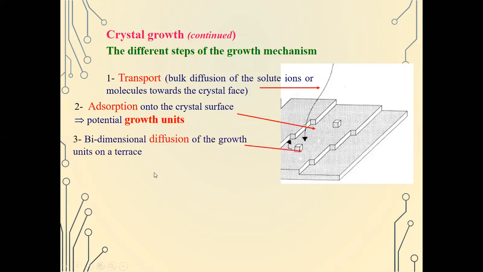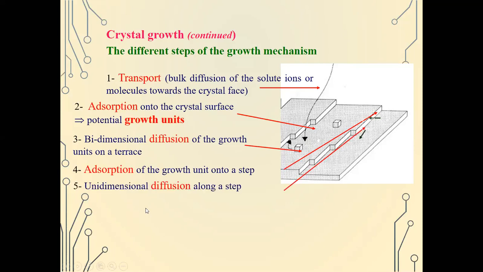Then we have bidimensional diffusion of the growth units on the terrace. Bidimensional meaning it could be this way or that way. Bidimensional diffusion, it could be either that way or this way. And adsorption of the growth unit on a step, so it could be here on the step.